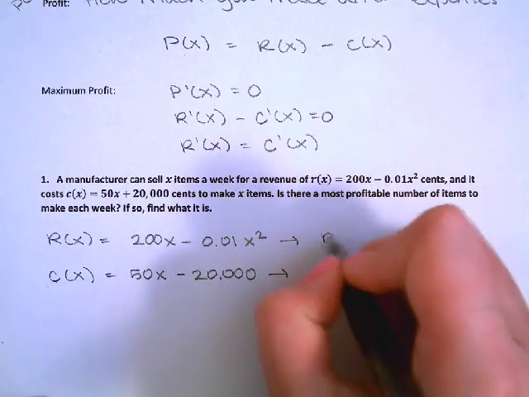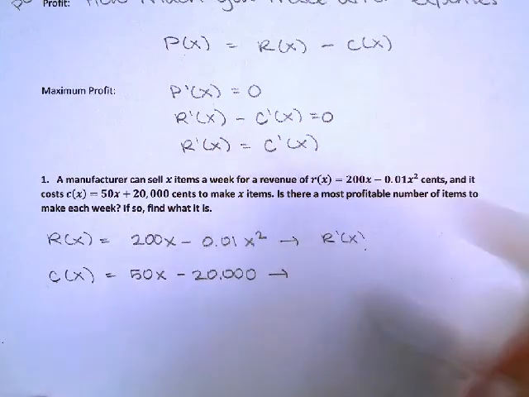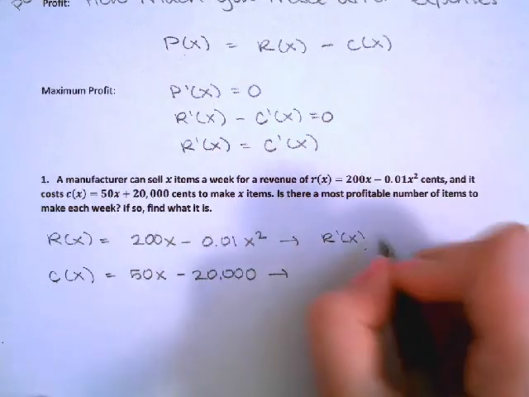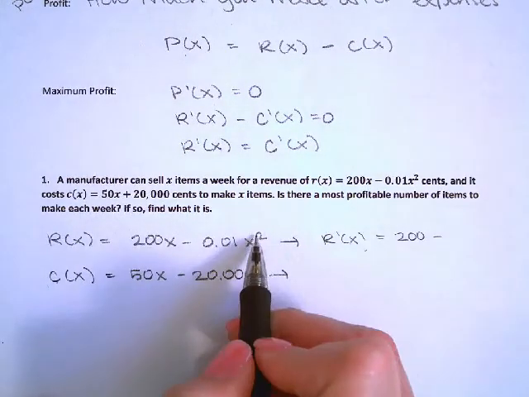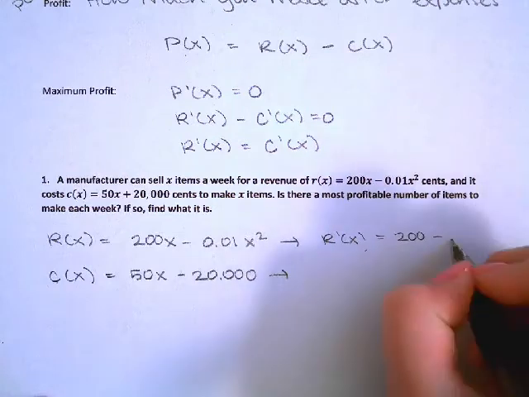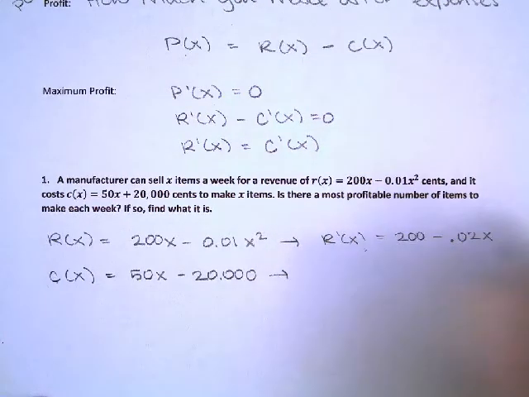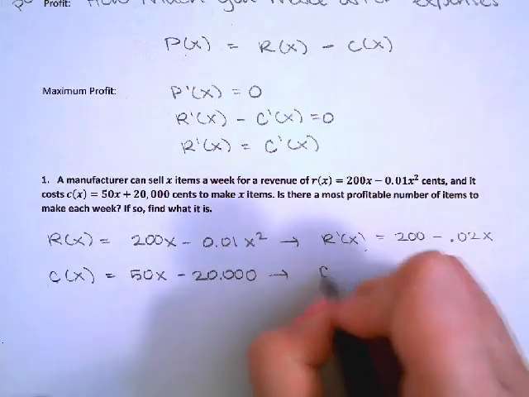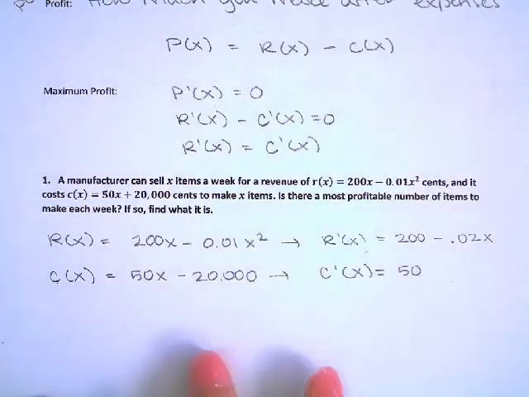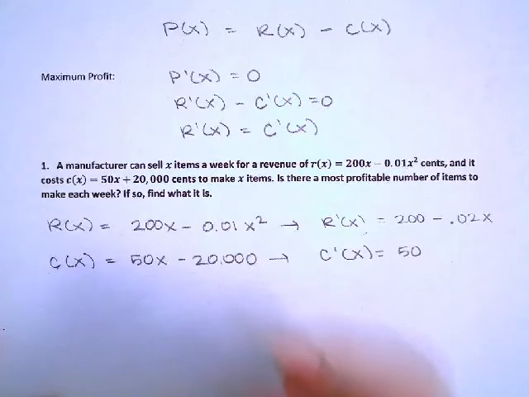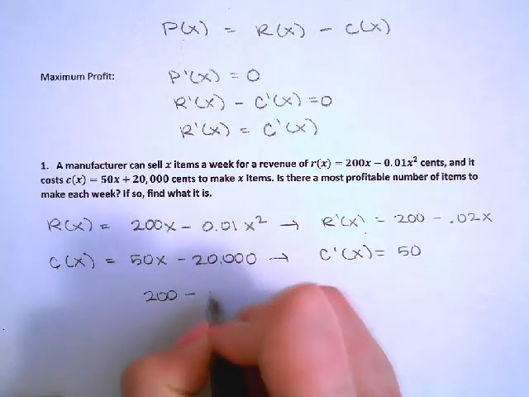So R prime of X is 200 minus, and then if I do 2 multiplied by 0.01, I get 0.02x to the first power, so that part's good. C prime of x is just 50. All right, so I'm going to set them equal to each other.